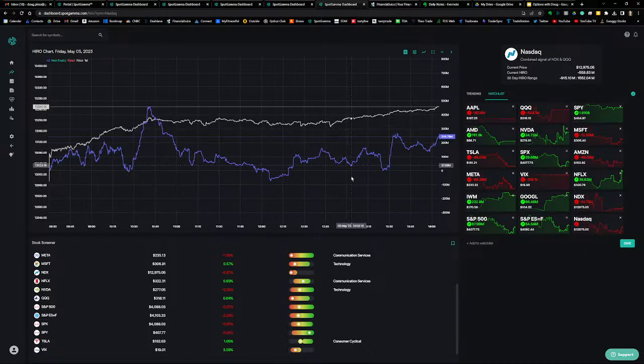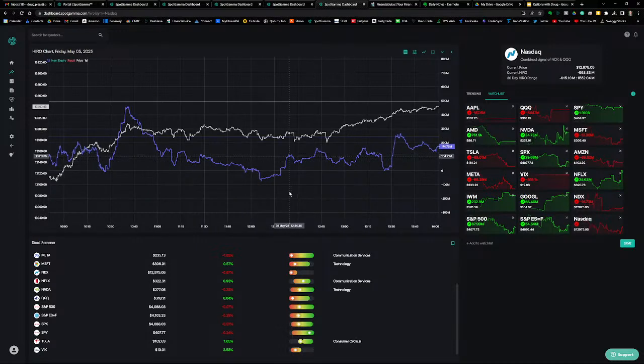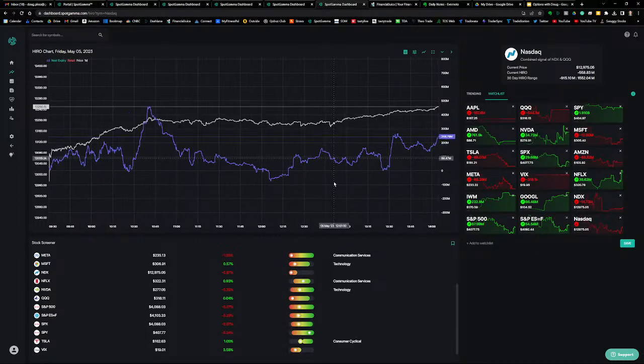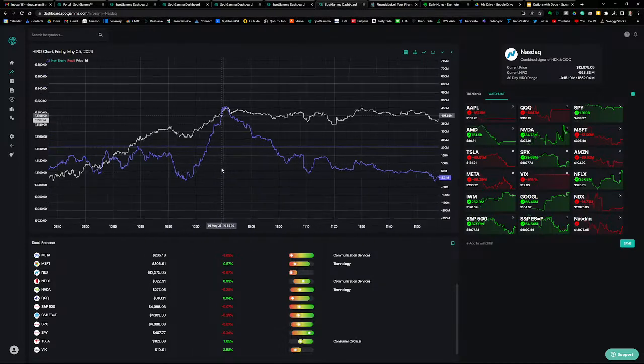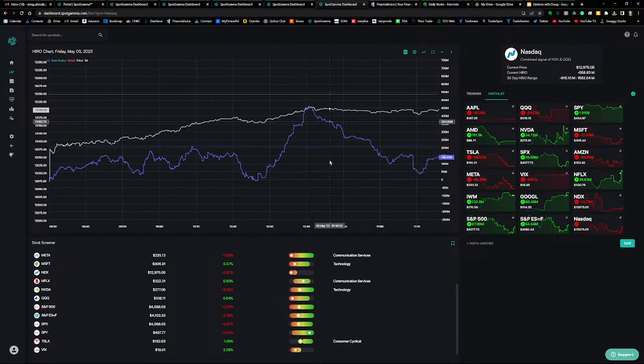All right, so here's NASDAQ. Here's the total signal, and it is now slightly positive. We'll zoom out to the entire day. I'm going to zoom in on the morning a little bit to get a little more clarity.